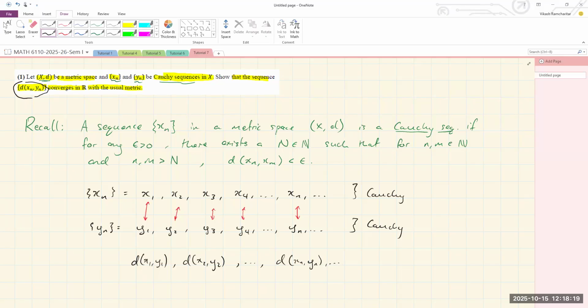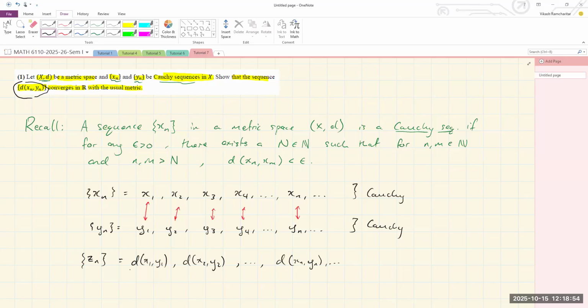Now remember that the output from a metric d is a real number. So this forms a new sequence. We could call this new sequence maybe zn, and each of these terms is a real number. So for the original sequences xn and yn, we don't know what those terms are because we may not have specified what the metric space X is. Okay, so xn and yn could be functions, for example.